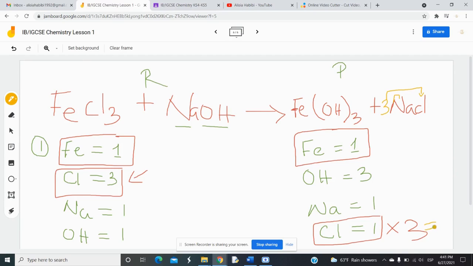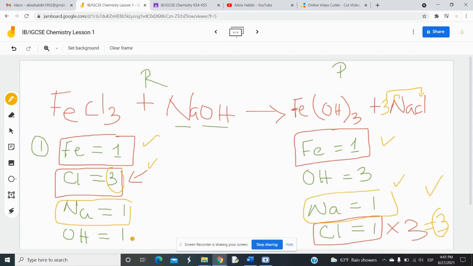So this eventually gives us 3 atoms of chloride. So this means that it's now balanced. Chlorine is 3 here and chlorine is 3 here. So chlorine is balanced, iron is balanced so far. Let's see sodium. Sodium also seems balanced because there's one of each atom, so sodium is also balanced.